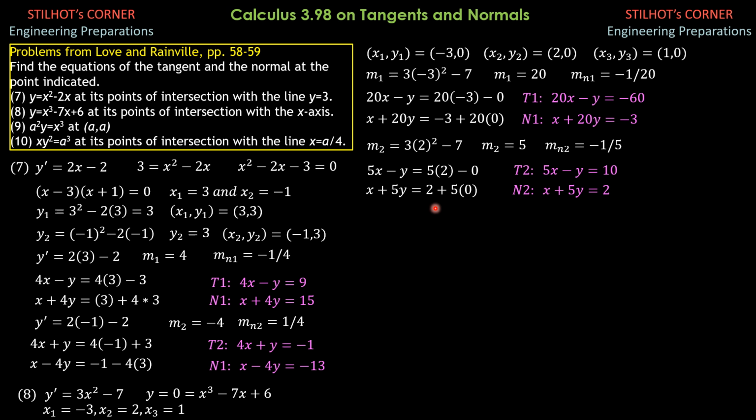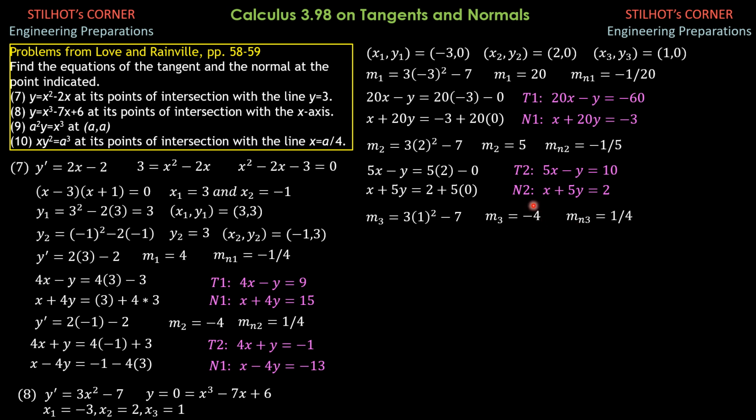Then for the third point of tangency, 1 comma 0, the slope is 3 times 1 squared minus 7. And that is 3 minus 7, so negative 4. The slope of the corresponding normal is positive 1/4.